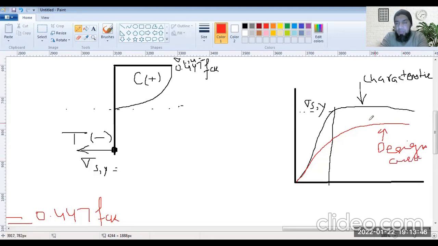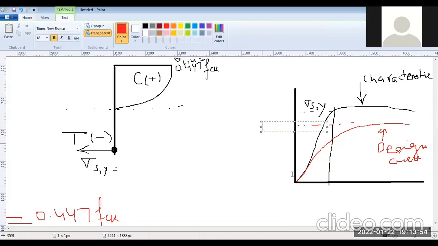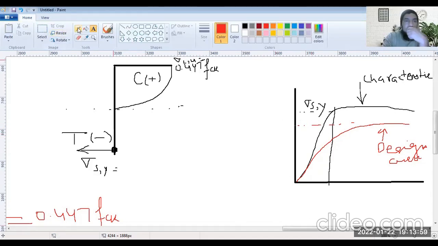And what will its value be? What is the partial safety factor for steel that we took? Yes, any one of you? 1.15. Yes. So this will be sigma sy divided by 1.15.